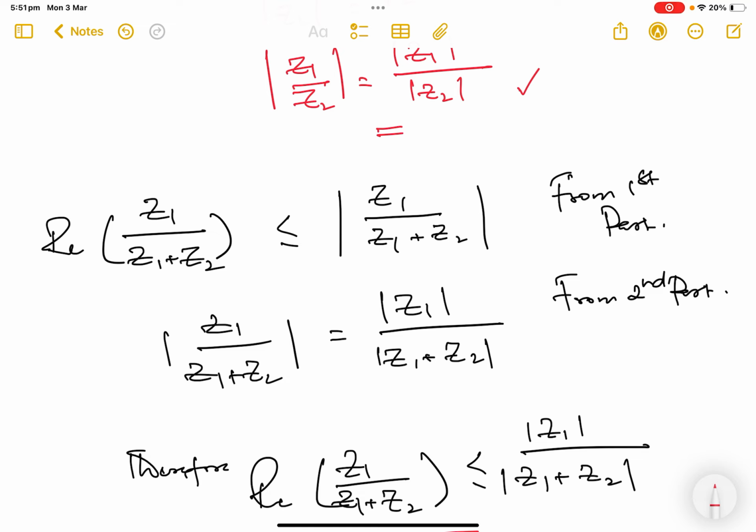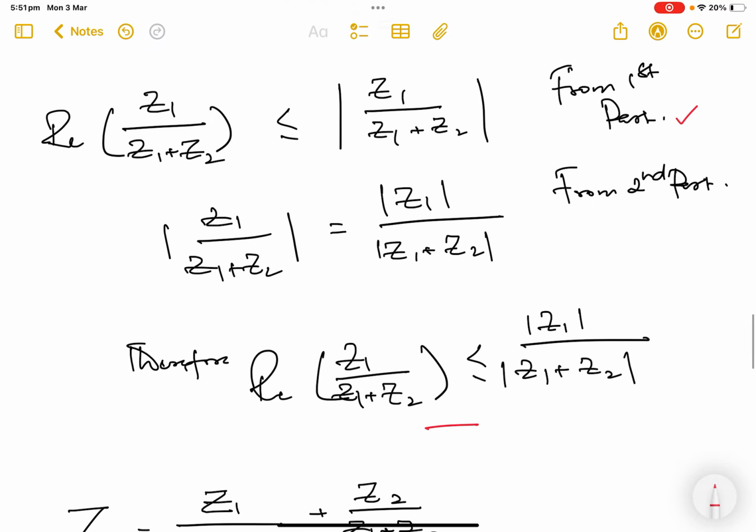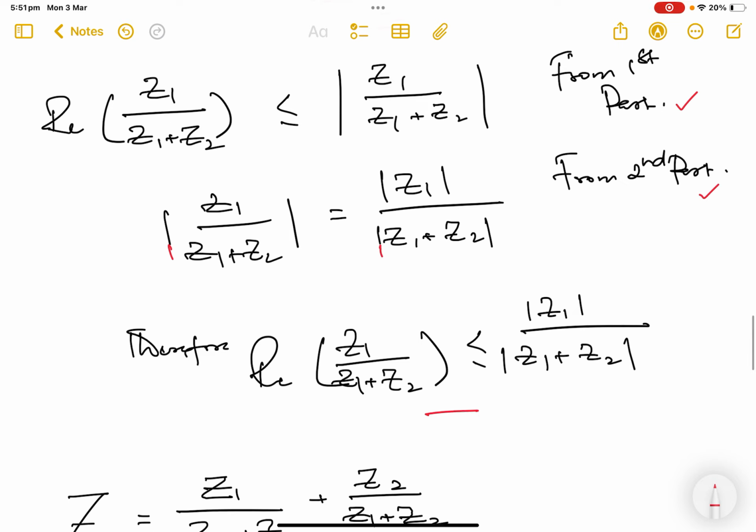So the real part of Z1 over Z1 plus Z2 is less than or equal to its modulus. That's from the first part. And the second part says the modulus of Z1 over Z1 plus Z2, the whole thing, equals, separating numerator and denominator, the modulus of Z1 divided by the modulus of Z1 plus Z2. That is again from the second part we proved.